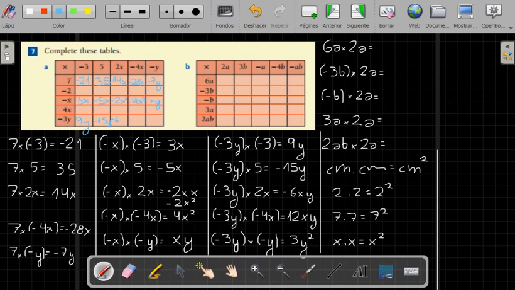Then minus 6xy. Then it comes 12xy. And finally 3y squared.